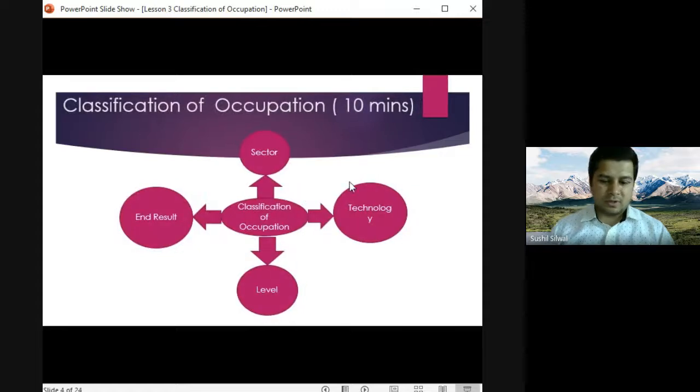So we have various classifications that we already studied, based on sector, technology, level, and end result, which you will be knowing slowly. You don't have to understand so much in detail.